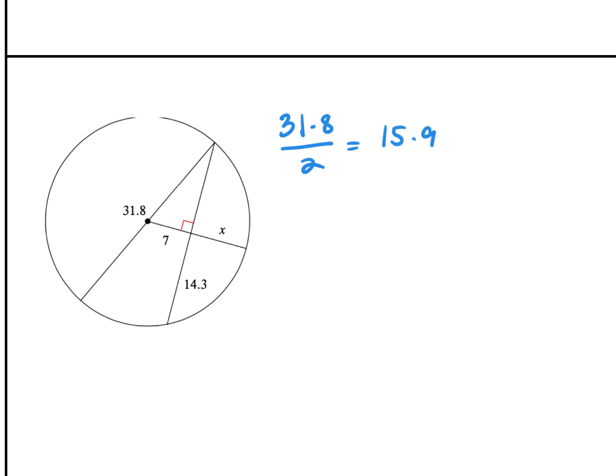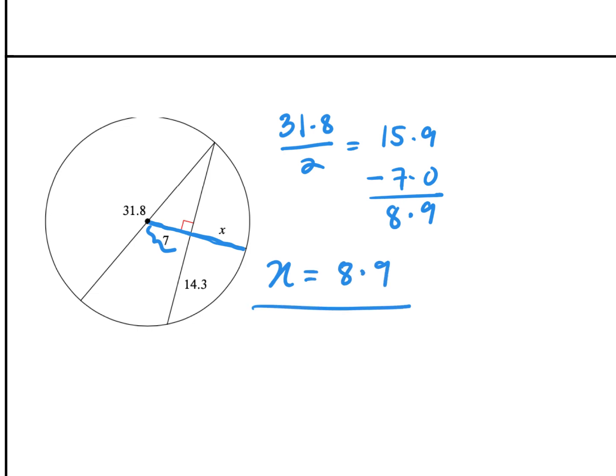Now I have this number 7 in here. That number 7 is a part of this radius. Remember that this is also a radius, okay? So if I deduct 7 from it, that's going to give me 8.9. Therefore, the value of my x is 8.9.